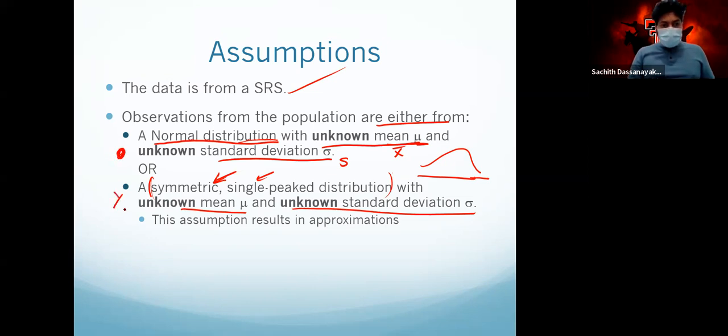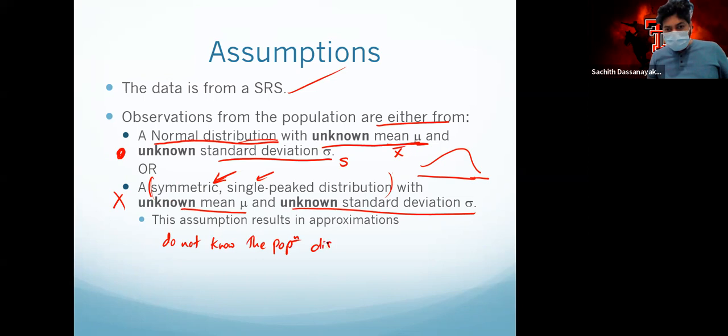But the matter is here. What happens if we don't know both of them? We don't know the population distribution, and n is small, and we have unknown sigma and mu.